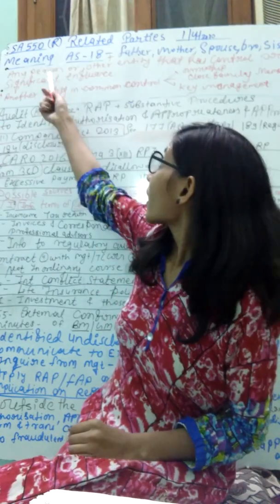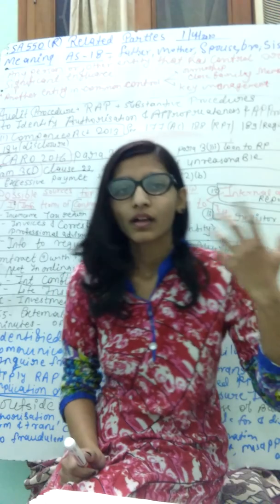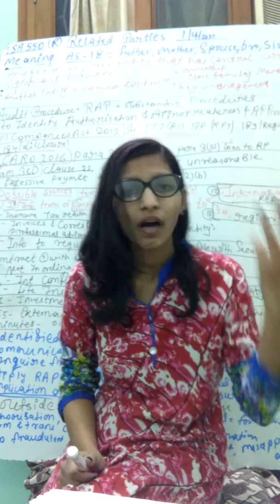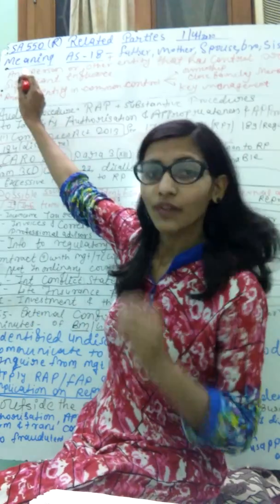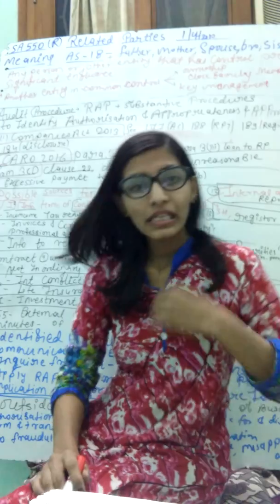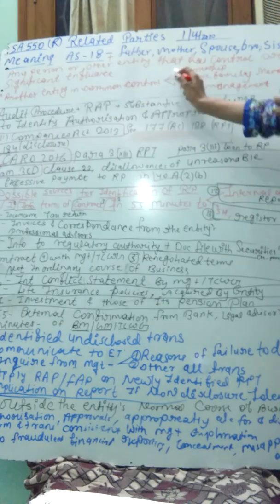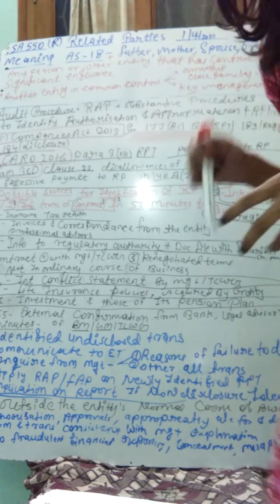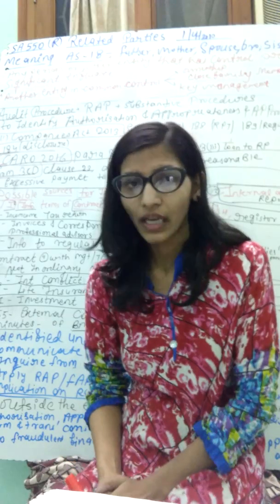Which is the standard that is about related parties? It is AS 18. AS 18 defines related parties as the father, mother, spouse, brother, sister. And any person or any entity which has significant influence or control in any entity is also a related party for that particular entity.